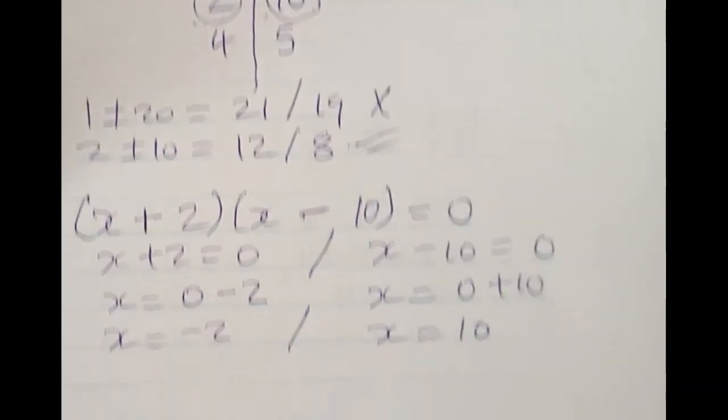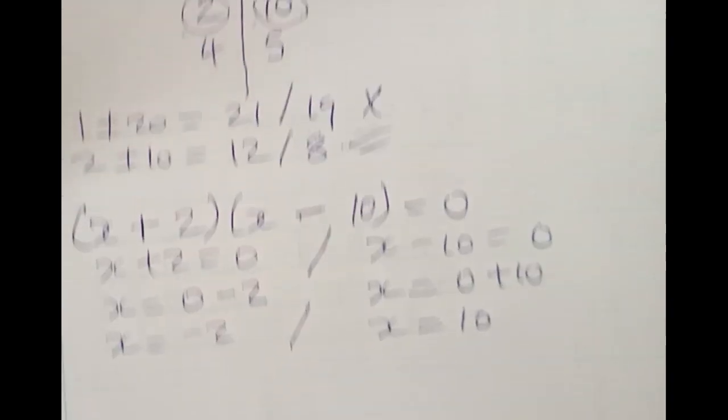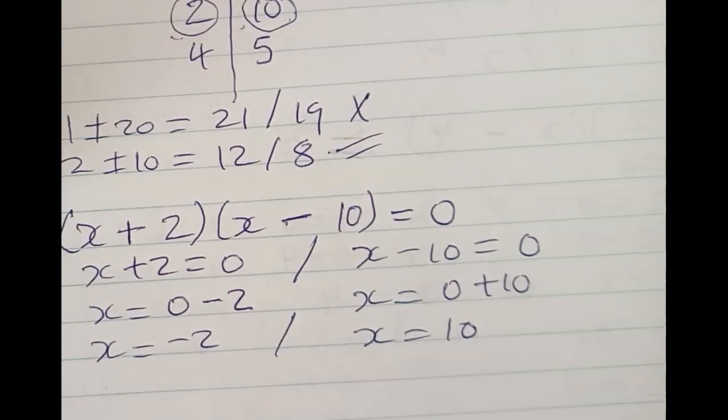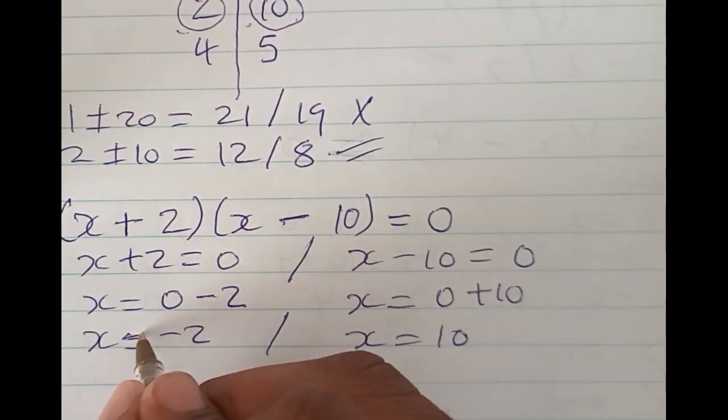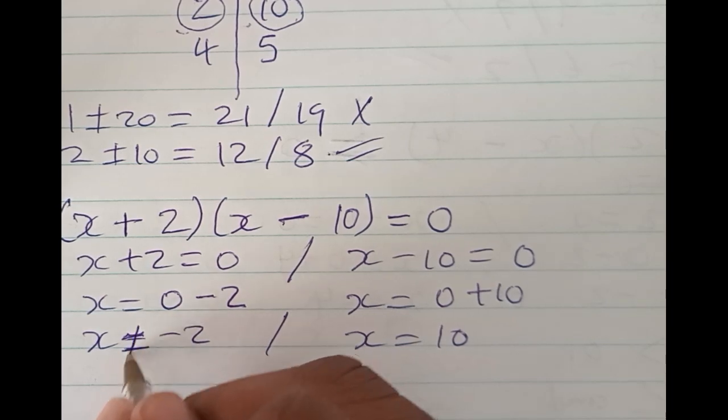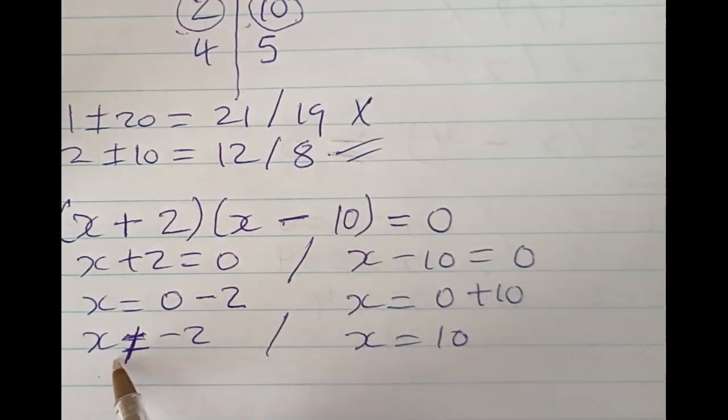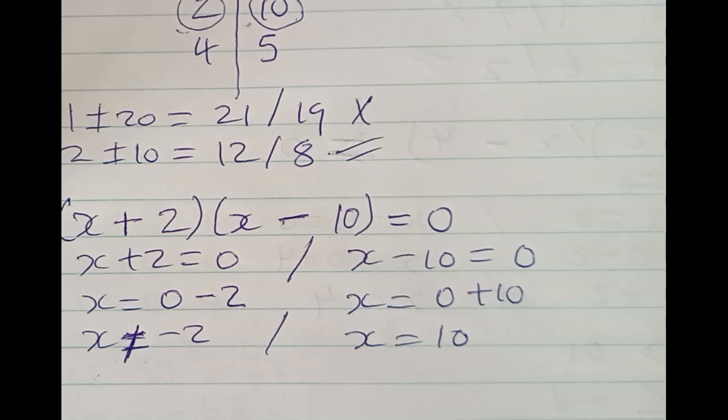So you'll go back to your answers and say, okay, remember you wrote x is equals to negative 2 or x is equals to 10, right? So this part you'll scratch it out like this. So this means x is not equals to negative 2, but x is equals to 10. You get it? So yeah, usually leave your final answer like this.